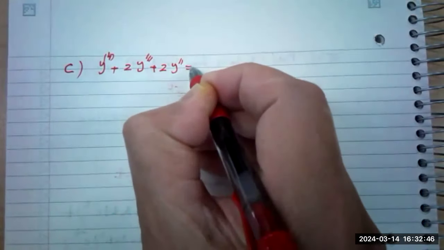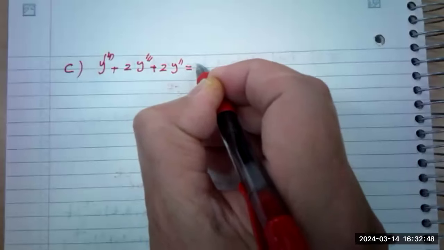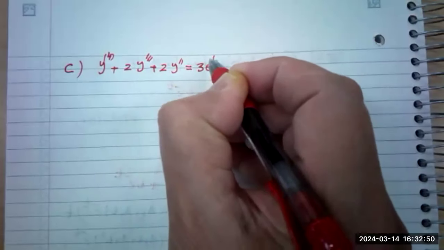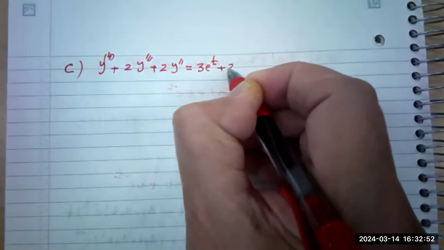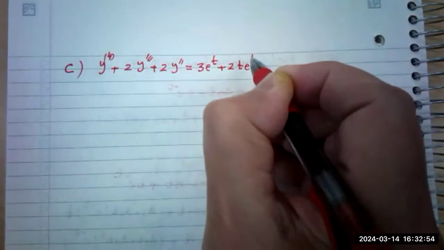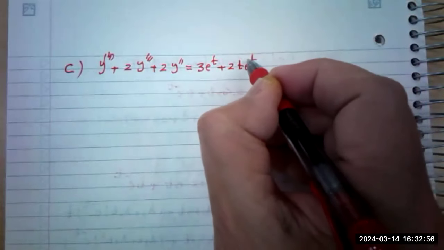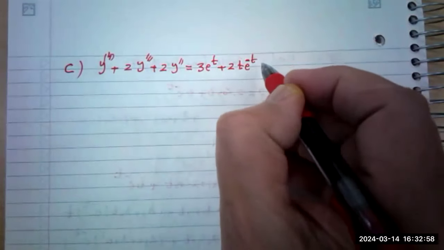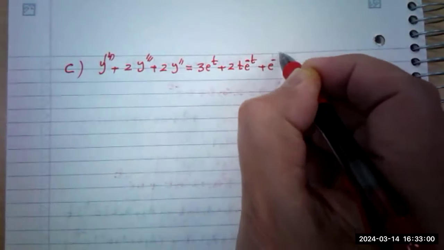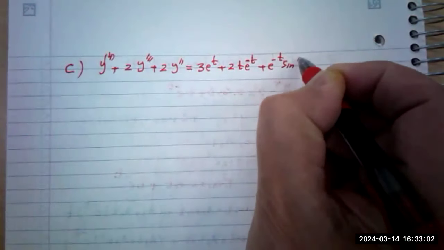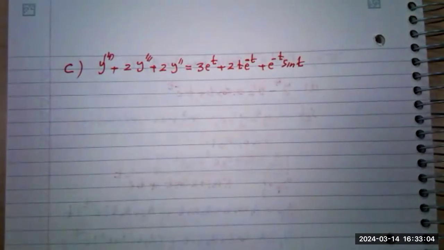And on the other side, you have 3e to the t, plus 2t e to the t, minus e to the negative t sine t. Three terms.